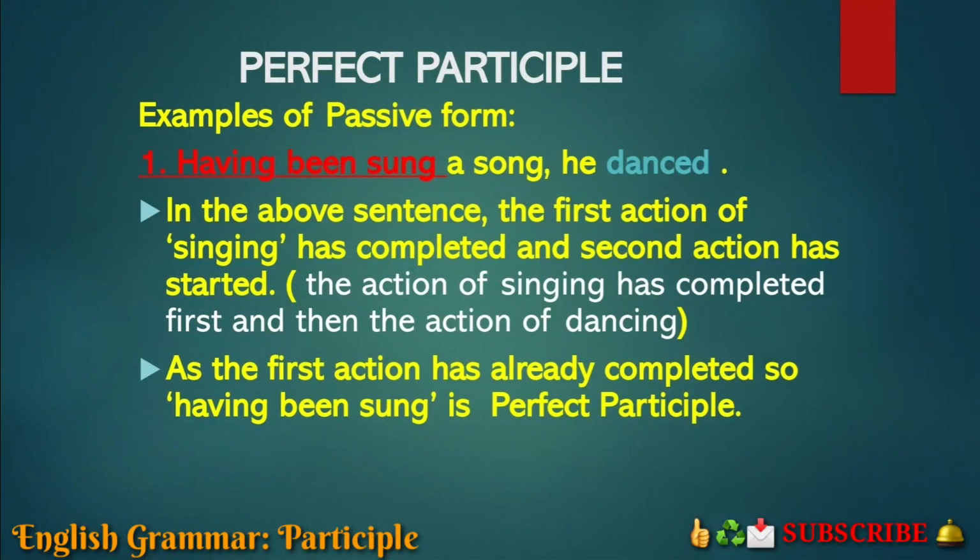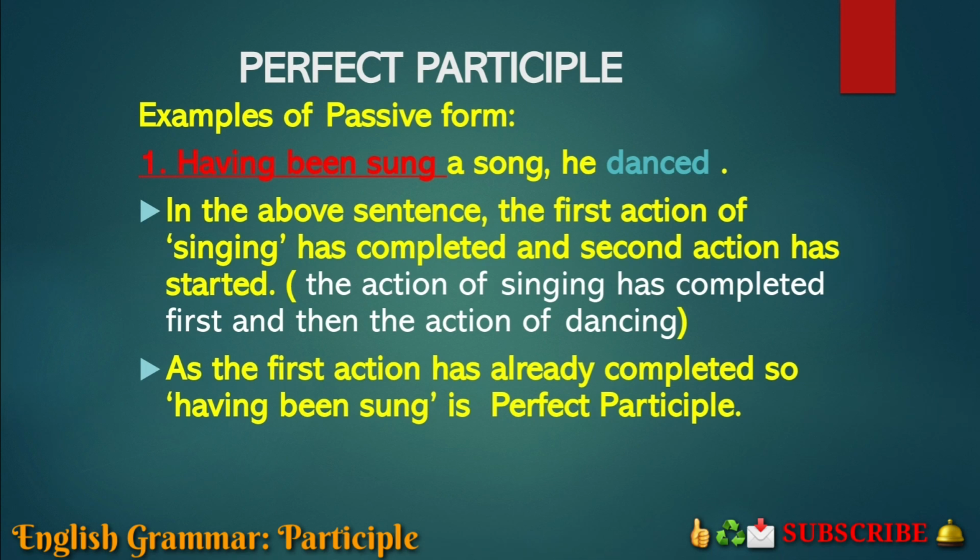Students, now let's have an example of the passive form of perfect participle. Example number 1: having been sung a song, he danced. Students, as I have told you, the perfect participle can be formed by using having plus the third form of the verb, and the passive form can be formed with having been and the third form of the verb.